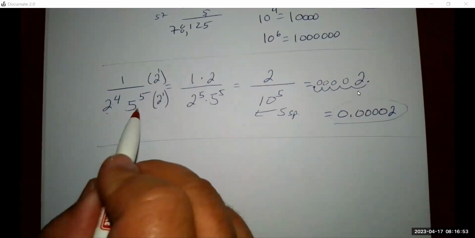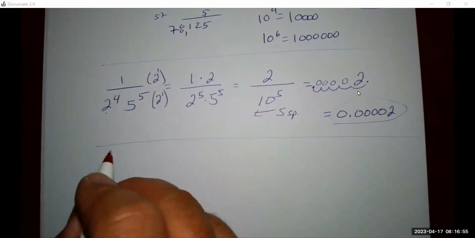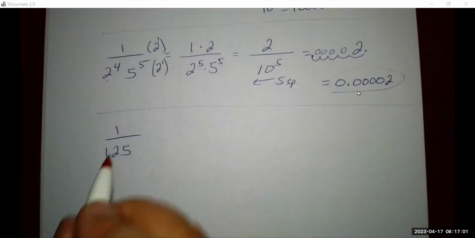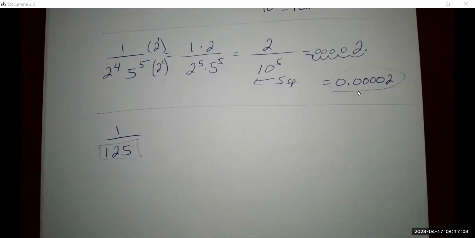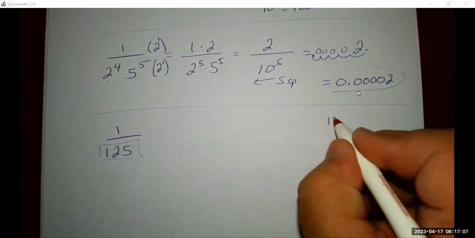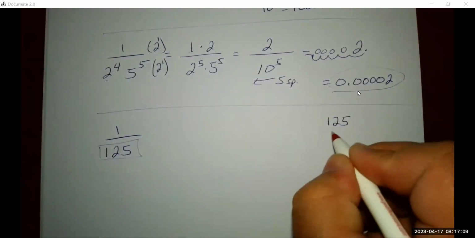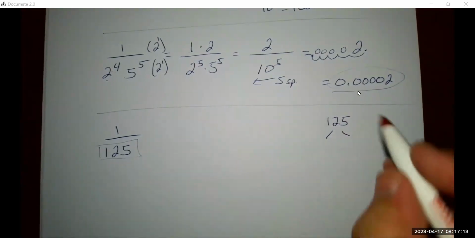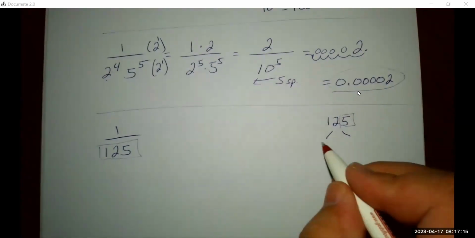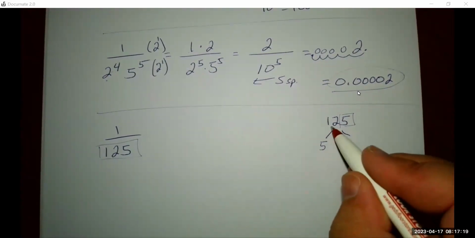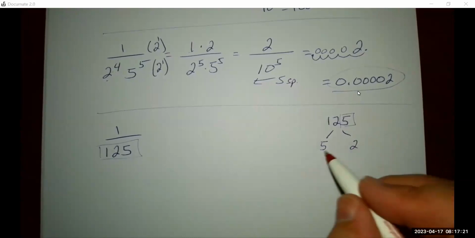Okay, what if I'm not giving it to you as base 2 and base 5? For example, if we're just given a number, then the first thing you have to do is prime factorize it. What is 125 made up of? Since it ends in a 5, we know 5 goes in there. 5 goes into 12 twice. 5 times 2 is 10.